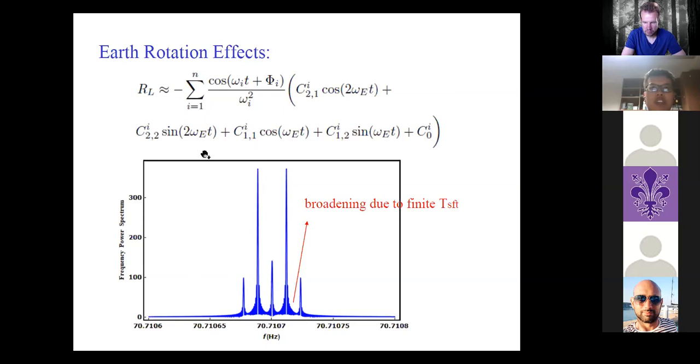Further, we derive an analytical formula to describe the Earth rotation effect, which is given by this equation. Here, omega_E is the Earth rotation frequency, omega_i is the frequency of each dark photon, and the term in this bracket tells us how the Earth rotation effect modulates the frequency of the signal.